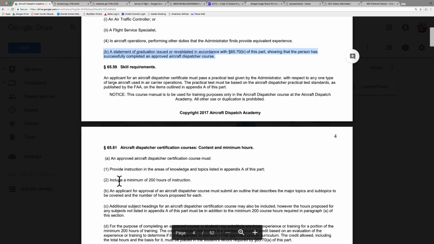So for skill requirements, basically nothing to take away from that area, other than that you're proficient.